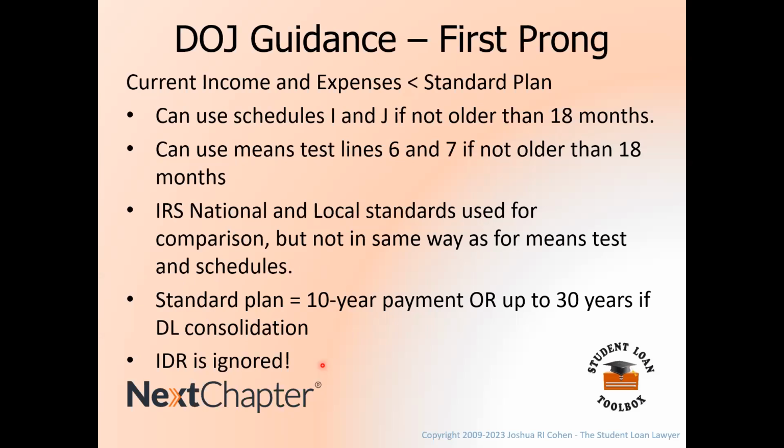When you use Toolbox, it will automatically tell you, A, what the term is, and B, what that payment is. I'll show you later on the checklist what to compare it to. It gives you the number so that you can do an eyeball analysis of whether you even want to go through this or not.